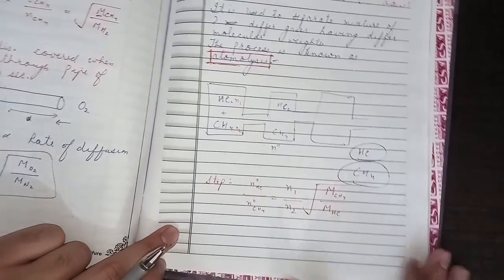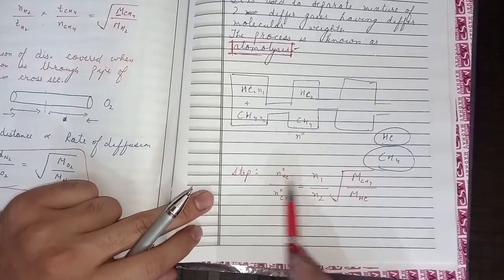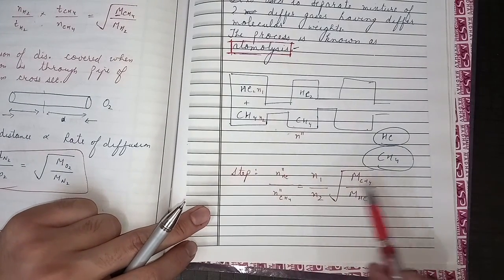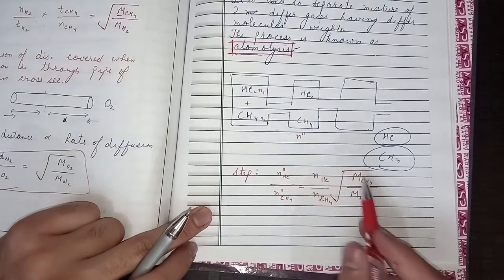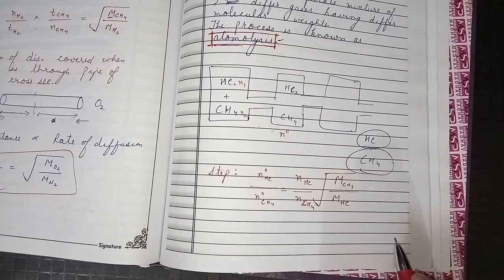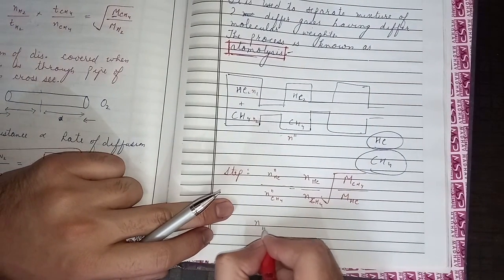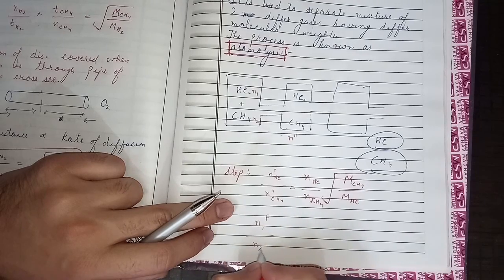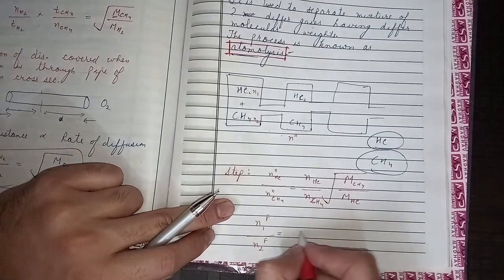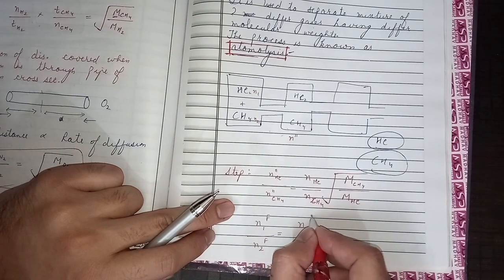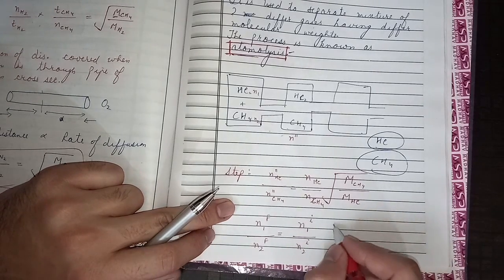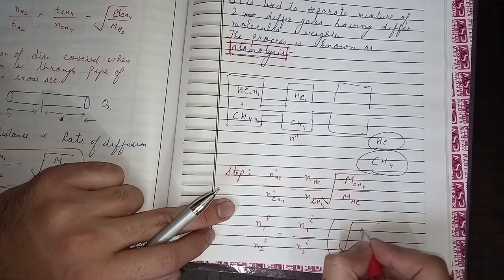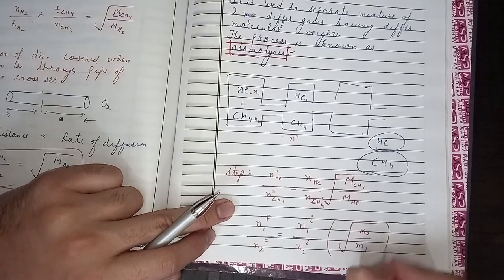कि स्टेप 2 में हमारे पास क्या होगा, नंबर ऑफ मोल्स ऑफ हीलियम ओवर नंबर ऑफ मोल्स ऑफ मीथेन इज इक्वल्स टू नंबर ऑफ मोल्स ऑफ हीलियम इनिशियली ओवर नंबर ऑफ मोल्स ऑफ मीथेन इनिशियली इनटू रूट ऑफ मास ऑफ मीथेन ओवर हीलियम। सो इसी चीज़ को हम कंटिन्यू रखेंगे तो हमारा जो फाइनल रिजल्ट आता है वो क्या है, number of moles of one gas in the end over number of moles of other gas in the end is equal to number of moles of first gas initially over number of moles of other gas initially, into root of molar mass of the second gas over molar mass of the first gas, raised to power n.